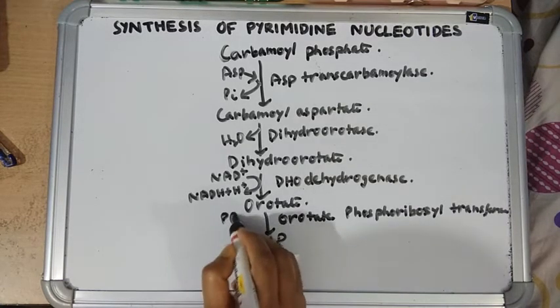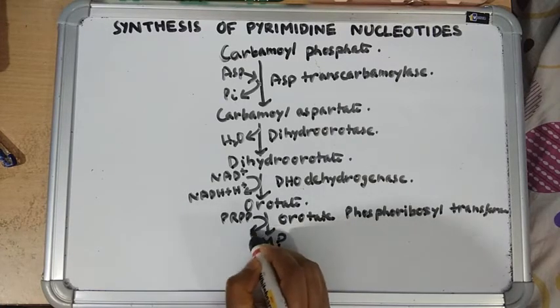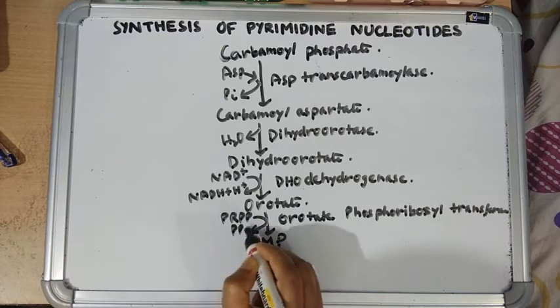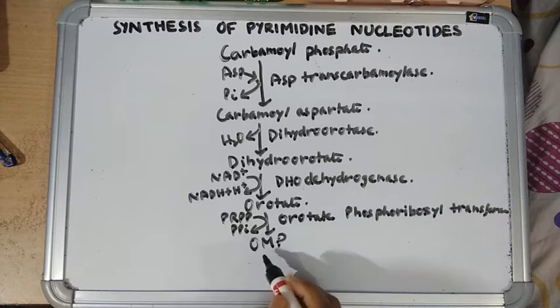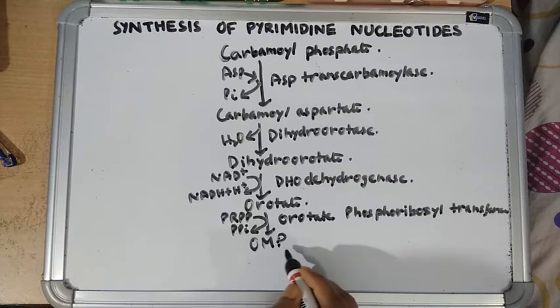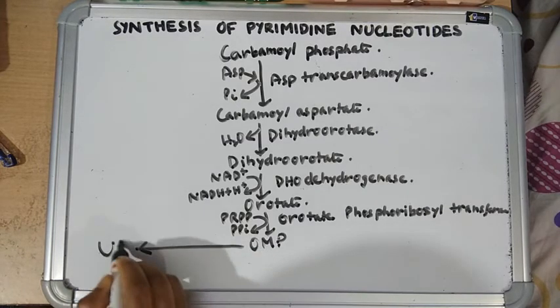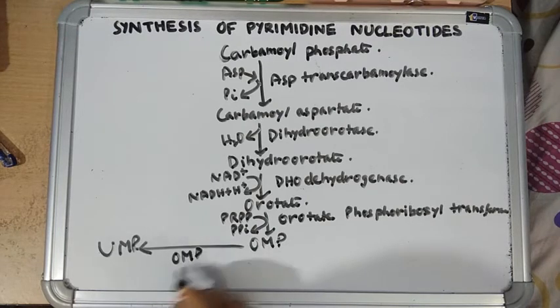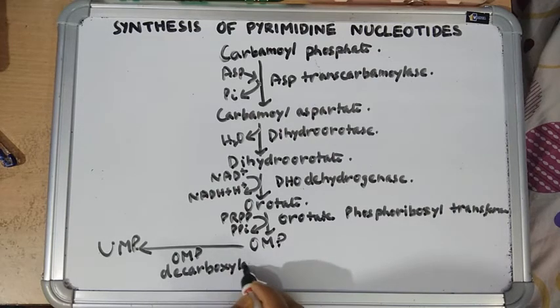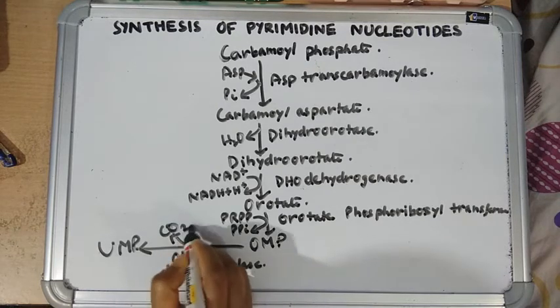Here the ribose phosphate moiety is transferred from PRPP to orotate to form orotidine monophosphate. Now from orotidine monophosphate, UMP is synthesized by OMP decarboxylase or orotidylate decarboxylase. So carbon dioxide is released.